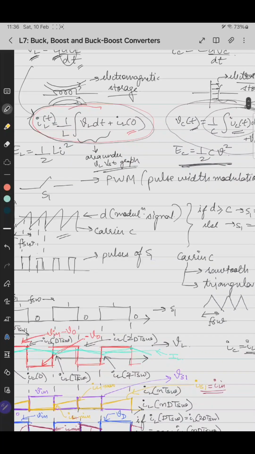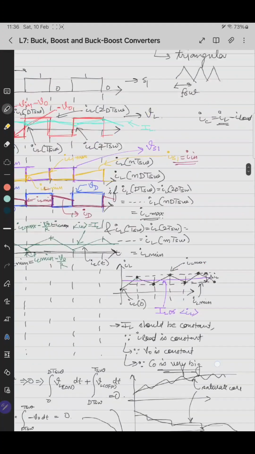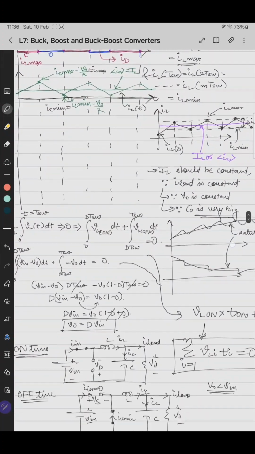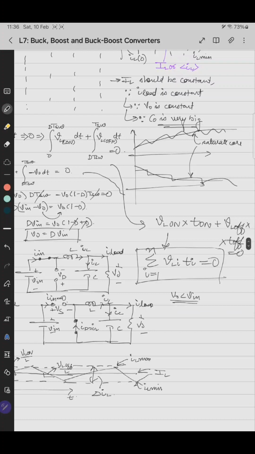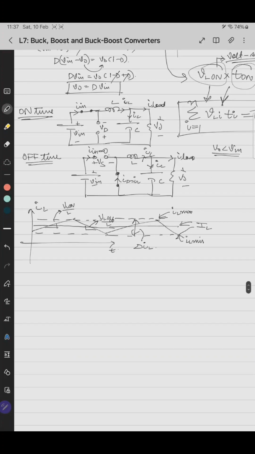Okay, so using the volt second balance, the thing which we derived here for the inductor, where is it? It is this one. This is called the volt second balance for the inductor, that is multiplication of volt into time in seconds, and the summation of them equals 0. So similarly for the capacitor, we have amp second balance.